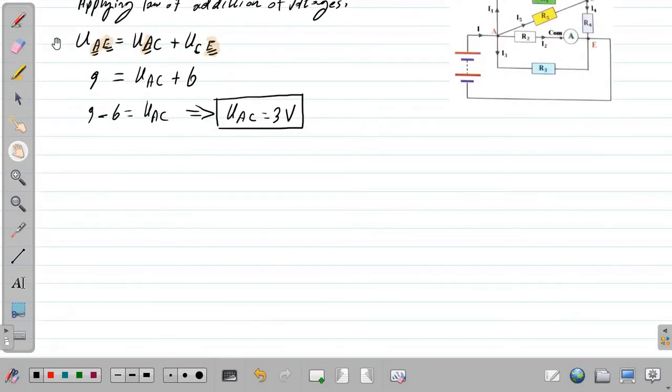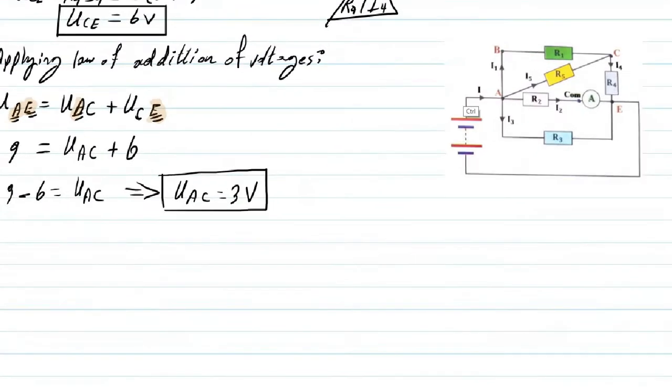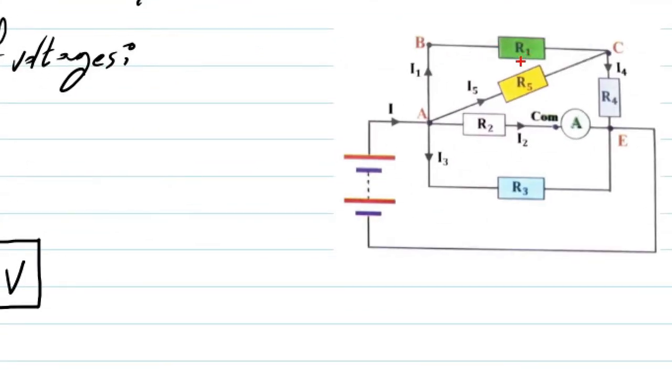Okay. بنلاحظ انه R1, the terminals of R1 are B and C, but since BA is a connecting wire, we can suppose that R1 has the terminals A and C.